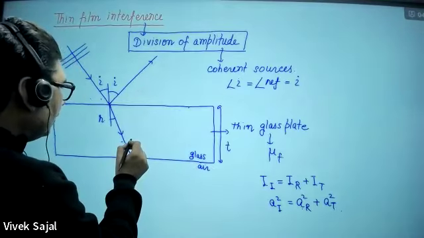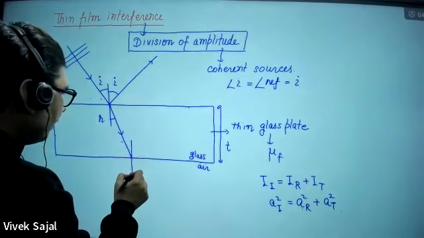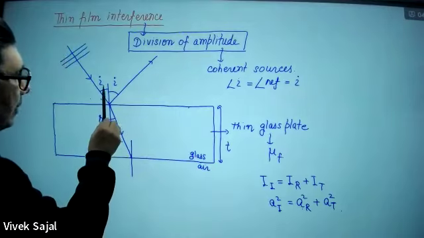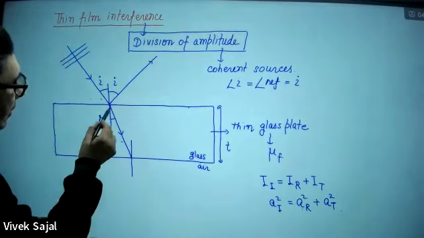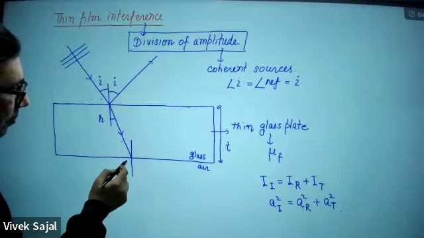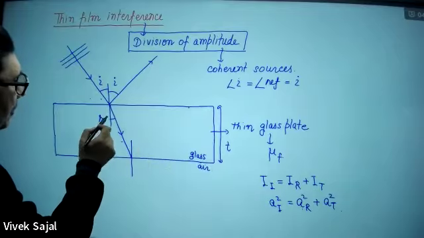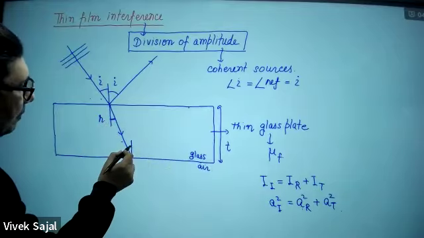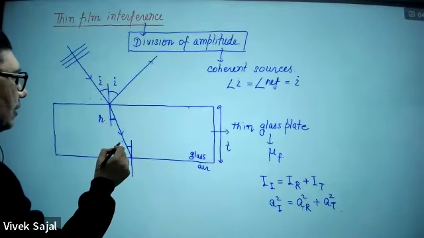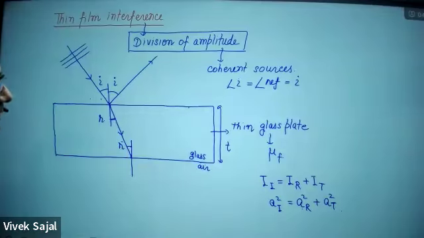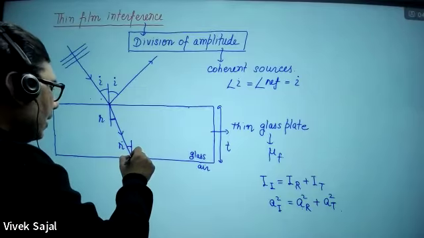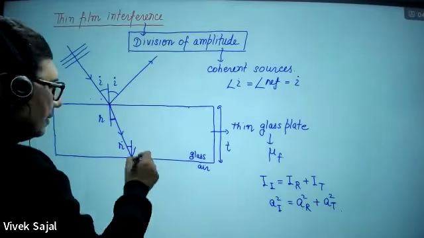If you draw a normal here like this, then this normal and this normal will be parallel, because this is a thin film and these two sides are parallel to each other. So automatically this angle will be equal to this angle, and this will be R. From here, a part again will be reflected back.